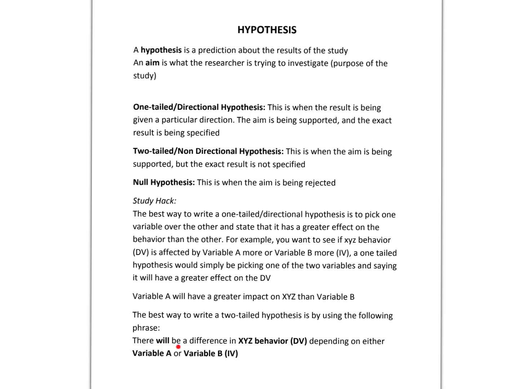So there will be a difference in results of students depending on whether they study from textbooks or from YouTube. So I'm saying that one will be beneficial compared to the other, but I'm not specifying which one. So this would be an example of a two-tailed hypothesis. This would be the phrasing you can use for a two-tailed hypothesis. Okay.